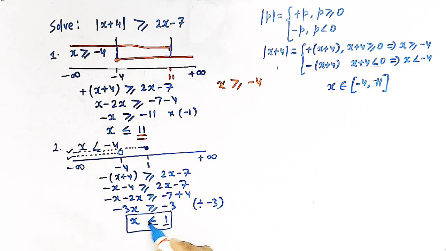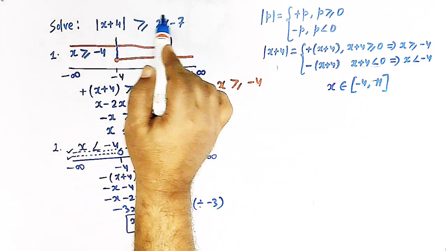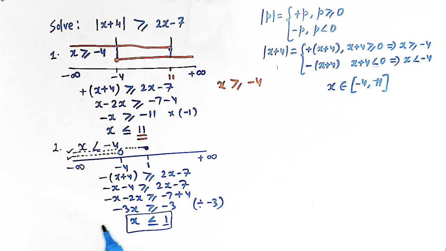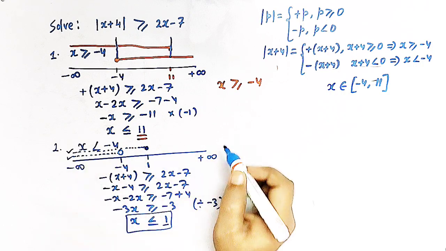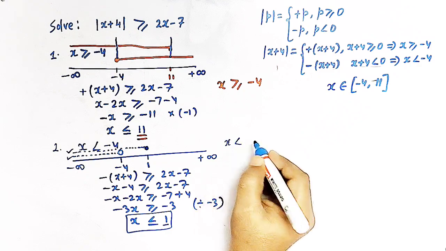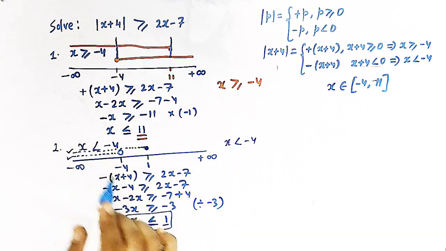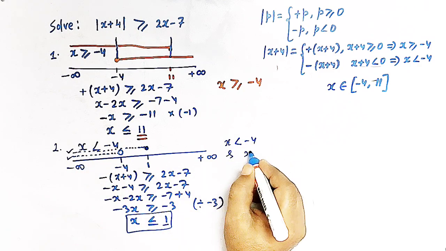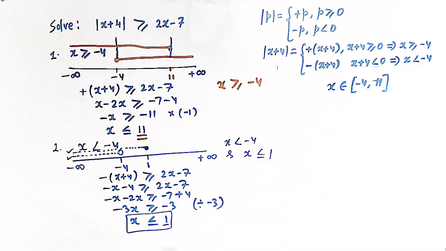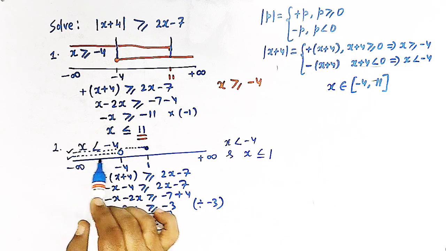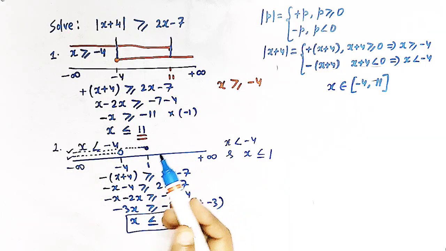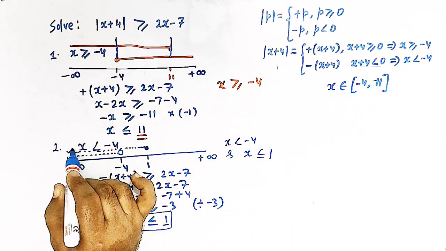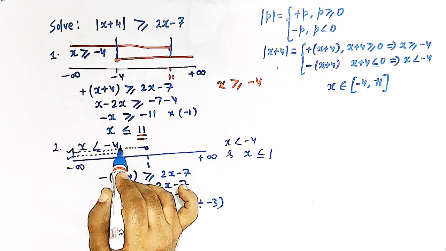So now the solution of this inequality is given by the common solution between these two inequalities, that is x less than -4 and x less than or equal to 1. So from these two regions, we can easily identify the common region. So the common region is this one, right?